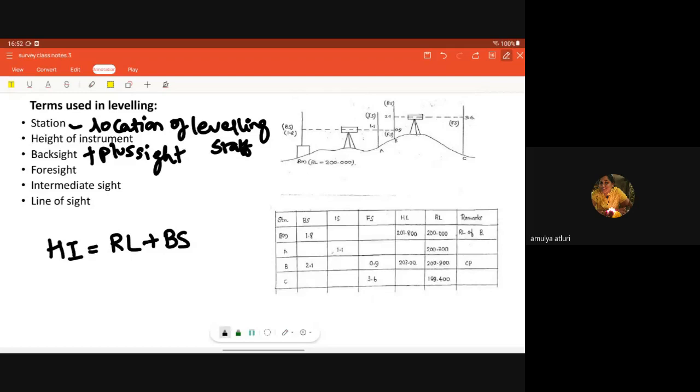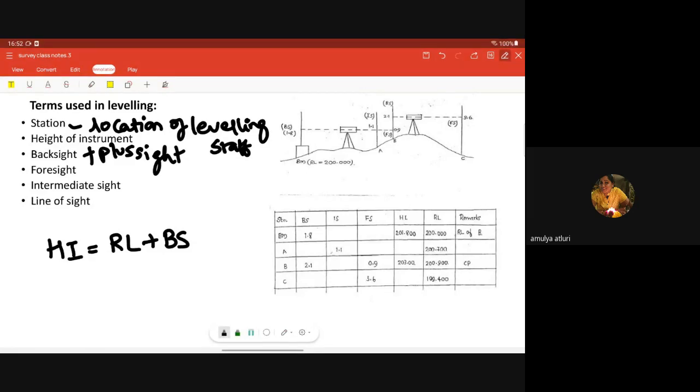Next, foresight. It is the sight taken on a point of unknown elevation. Here you can see in the example, it is the sight taken on the point of unknown elevation. It is also called minus sight because RL of any given point can be calculated by deducting the foresight from height of instrument.